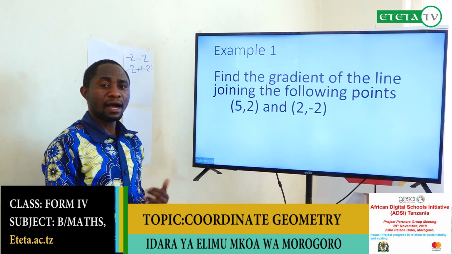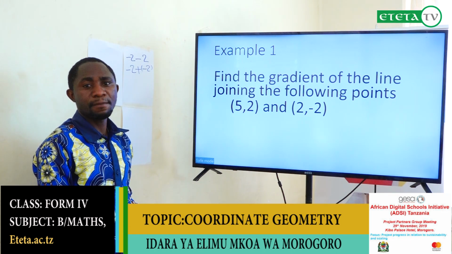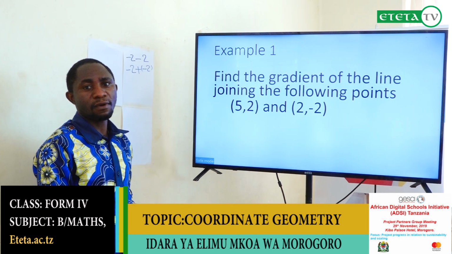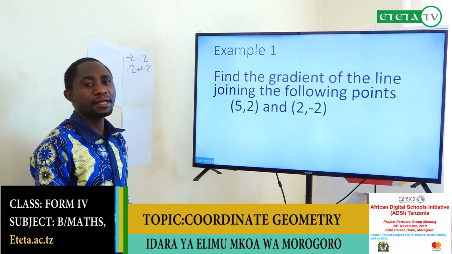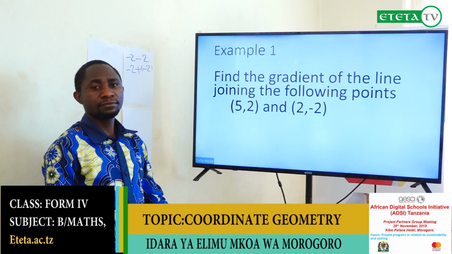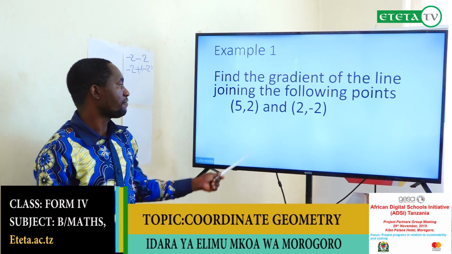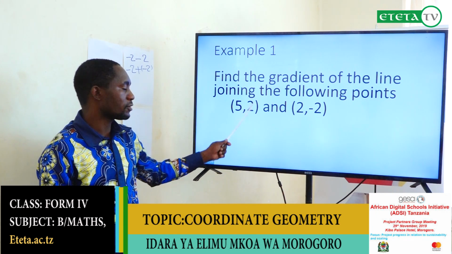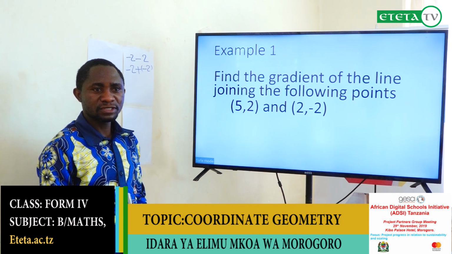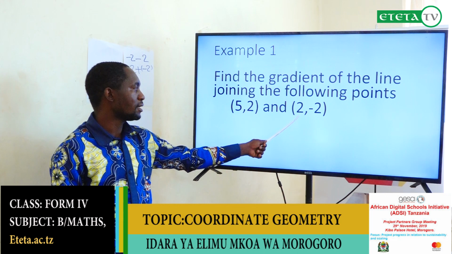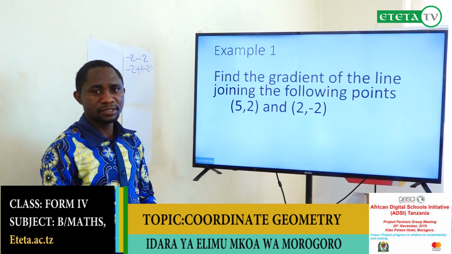Now, as you do remember, gradient equals change in y over change in x. We can let the first point, (5, 2), as point 1, and we can let the point (2, -2) as point 2.